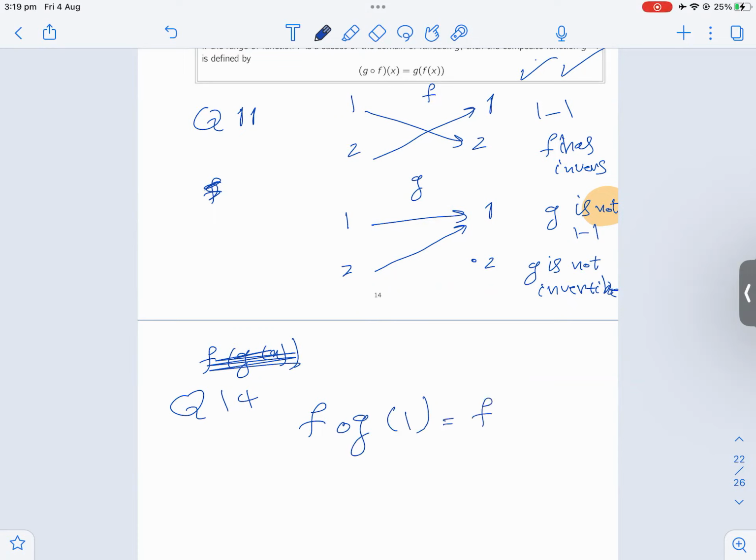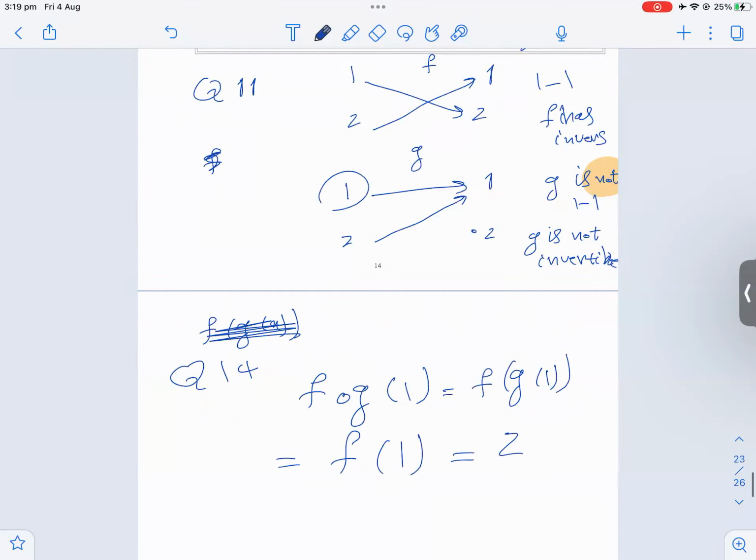Have you seen the composition of the functions f o g? No? f of g of 1. So what is g doing to this one? Okay, so g takes 1 to 1. So instead of g of 1 here, I will write 1. So f of 1 is 2.